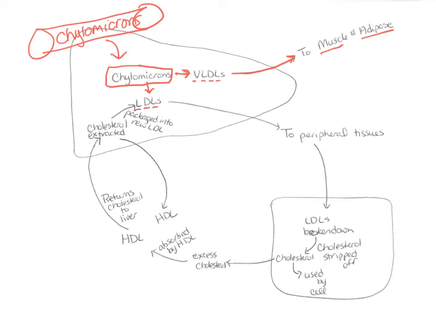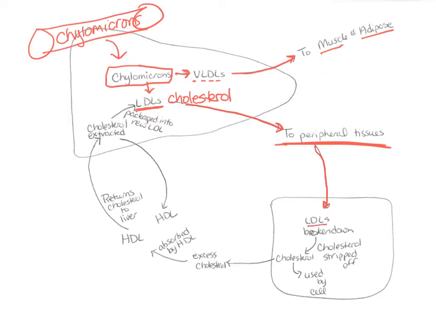So mostly what LDLs are made up of is cholesterol. Cholesterol is part lipid, part protein. The LDLs carry this cholesterol to the peripheral tissues. So here we see the LDLs traveling to the peripheral tissues and then moving inside the cells.